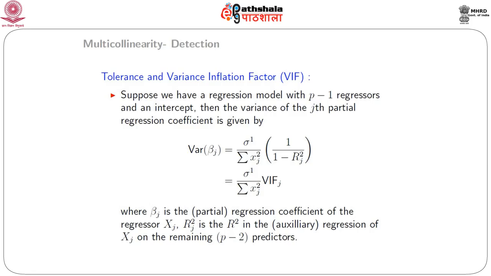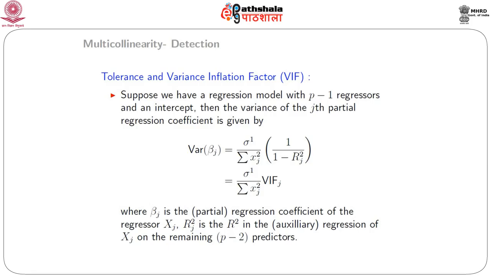Now we know from the definition that 1 divided by 1 minus rj square is the jth variance inflation factor. So variance of beta j can be written as sigma square divided by summation xj square times the variance inflation factor VIF subscript j.